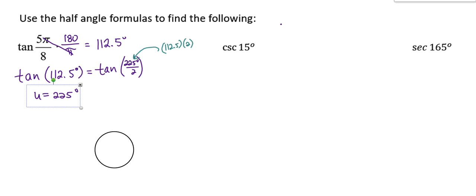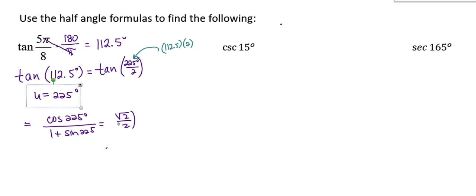So tangent of 112.5 is going to equal cosine of 225 over 1 plus the sine of 225. Right? Cosine of 225, that's square root of 2 over 2, divided by 1 plus square root of 2 over 2, because that's the same for the sine. Oops, they're both negative because they're in quadrant 3.